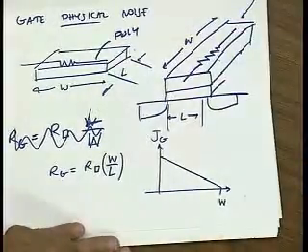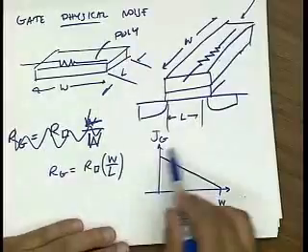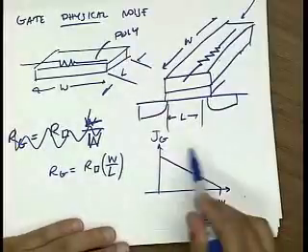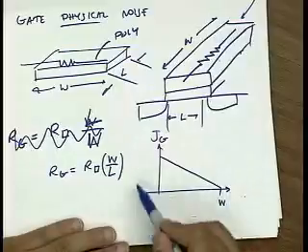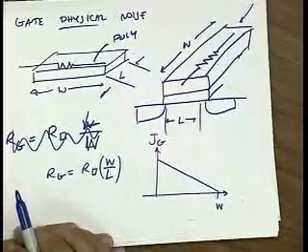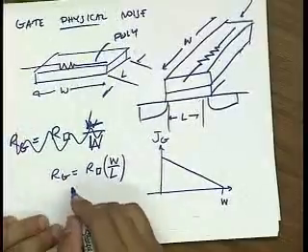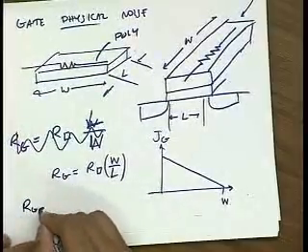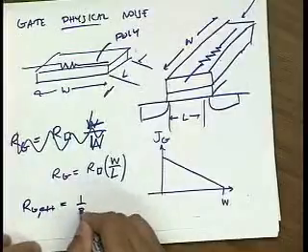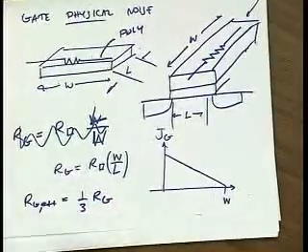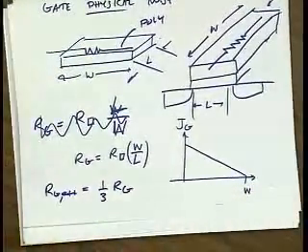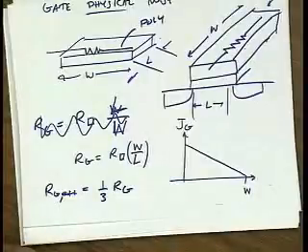So I challenge you to calculate the power loss in a resistor where the current distribution looks like this. If you do that, what you find is the effective gate resistance is actually 1/3 Rg. Okay. Does that make sense?